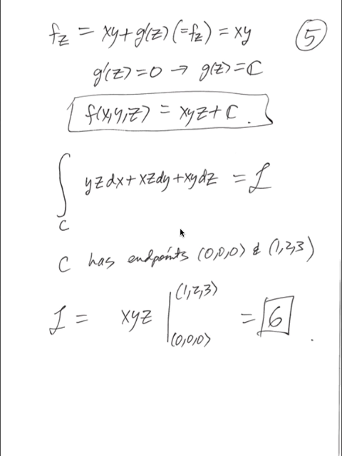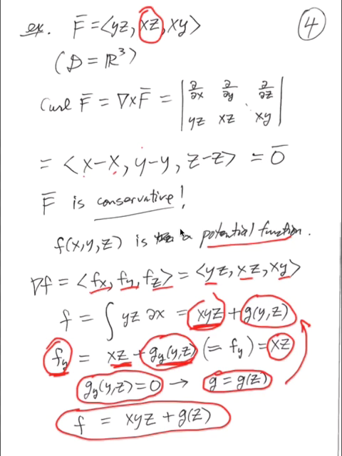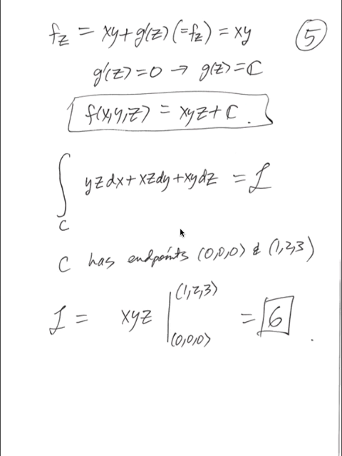I'm going to take f sub z, so I'm going to differentiate with respect to z, right? If I did that on this previous function, remember it's xyz, if I differentiate that with respect to z, I would get xy out of that, and I would get g prime right here, right? So that's what I've written here, xy plus g prime.